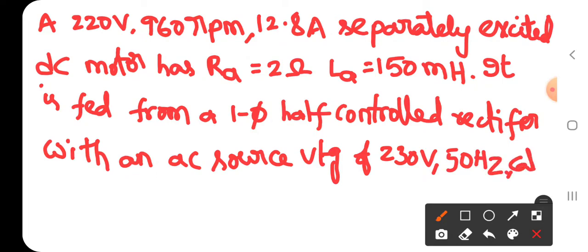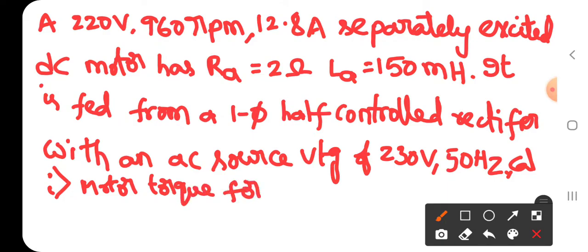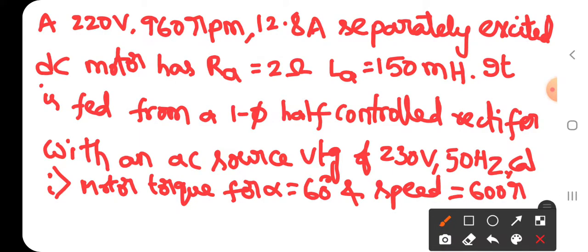Now calculate, first one, motor torque for alpha equal to 60 degrees and speed equal to 600 rpm.